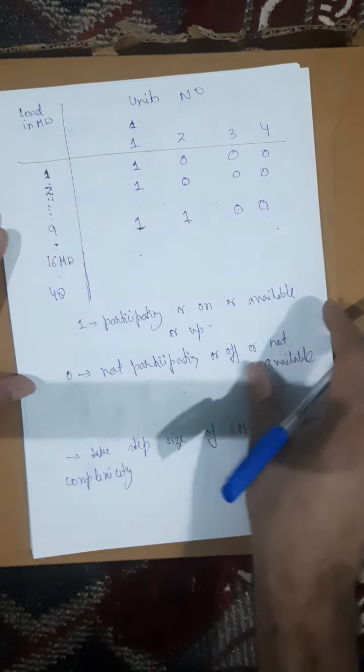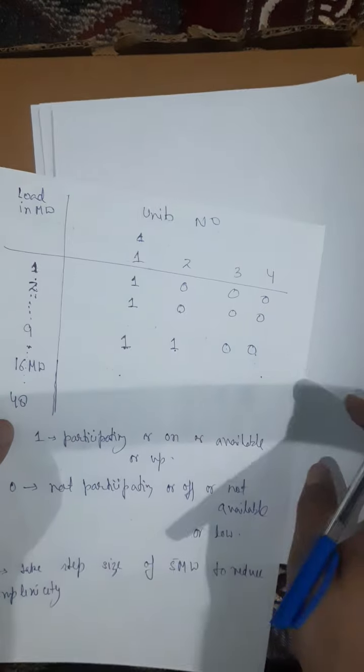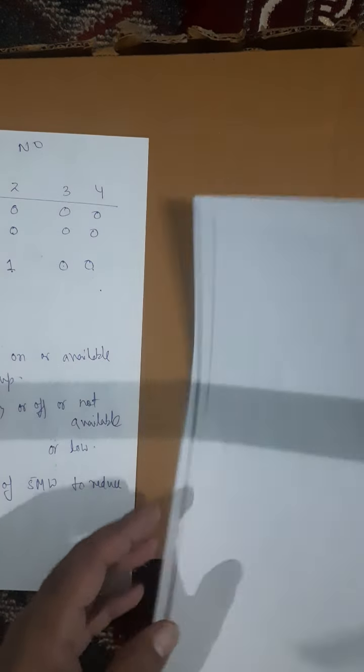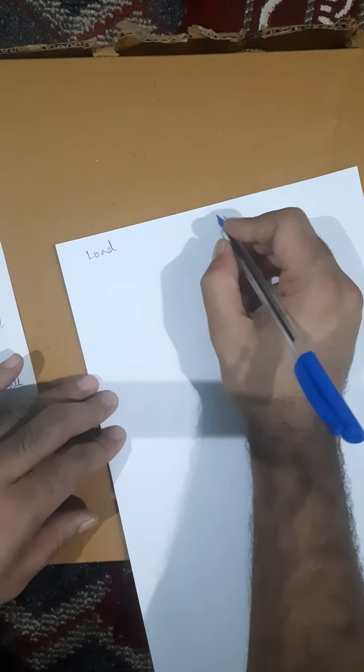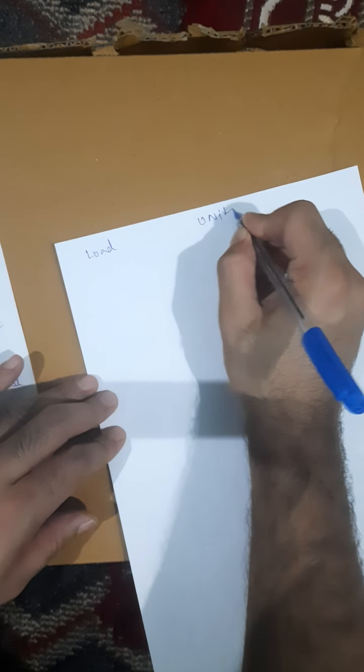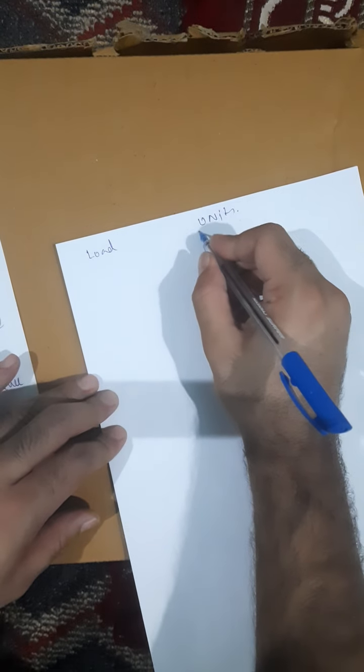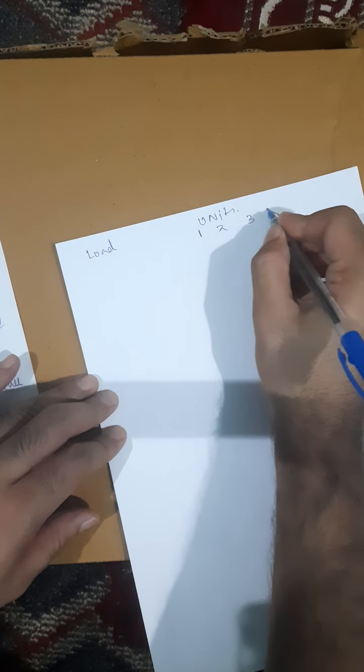Instead of calculating for 1 megawatt where I turn one unit on, and for 2 megawatt again one is on, and around 8 or 9 megawatt the second unit is also turned on, I will see what the load is and these are my units: unit 1, unit 2, unit 3, and unit 4.